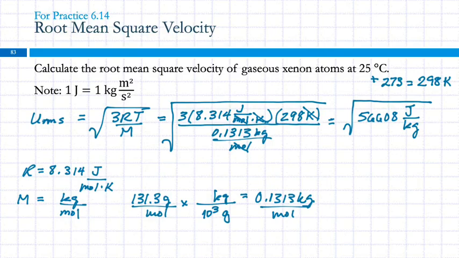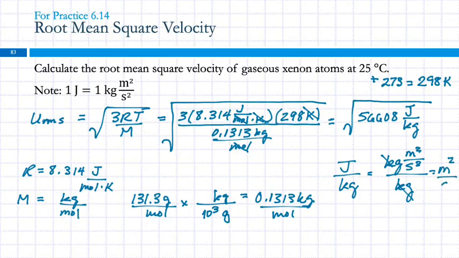I don't expect you to be able to simplify those units, but I'm just going to show you that it works out. A joule is the same as a kilogram meter squared per second squared. If you've had physics, that might be a little familiar. And so what we've got here with our joules divided by kilograms, that is kilogram meters squared per second squared divided by kilogram. And the kilograms cancel out, and I've got meters squared per second squared.